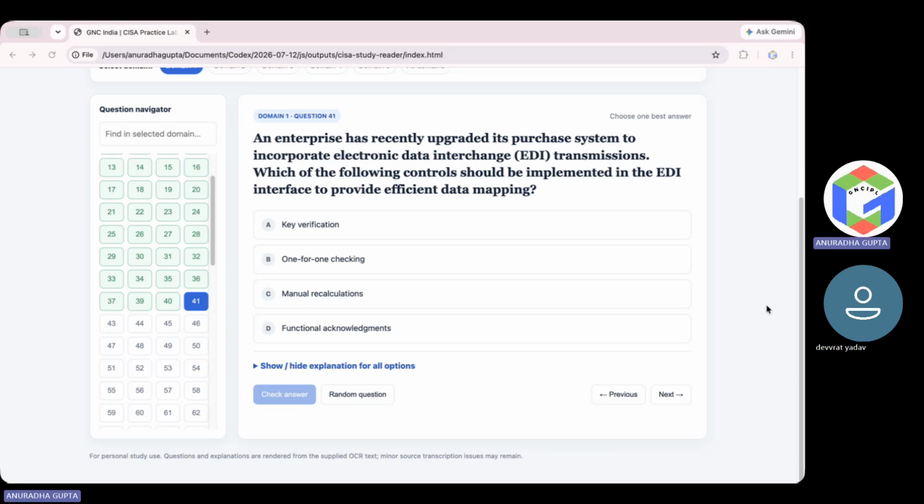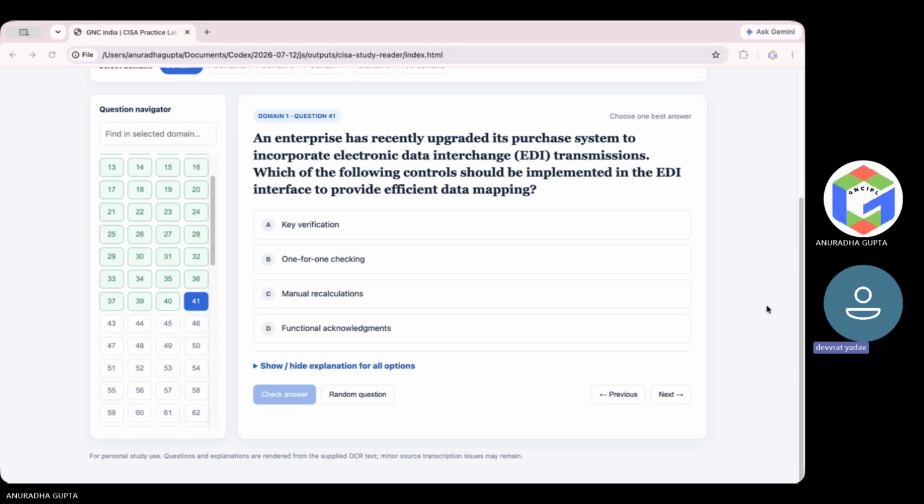Try to identify the solution from the question itself. An enterprise has recently upgraded its purchase system to incorporate EDI. Okay, EDI has been put in the purchase system. Which of the following controls should be implemented in the EDI interface to provide efficient data mapping?